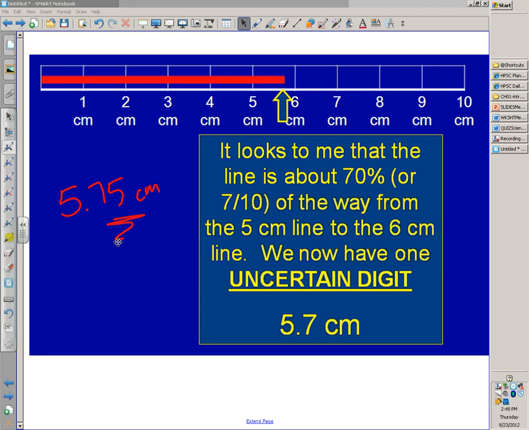You shied away. You were up there for a while, and then anybody else? What is 5.75 trying to convey to you? Okay. Nicole. You said that if I wrote 5.75, that would mean that there were two uncertain digits, and I said, not necessarily. Elise, do you want to try again? It's like 5 centimeters and 7.5 tenths centimeters. Keenan, you want to go again? Trying to show exactly.